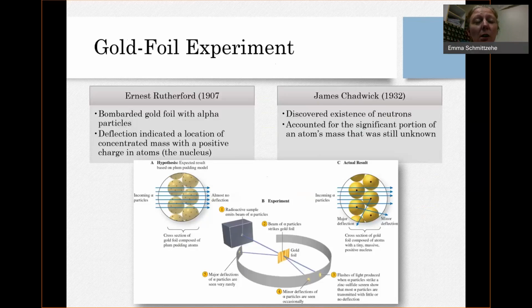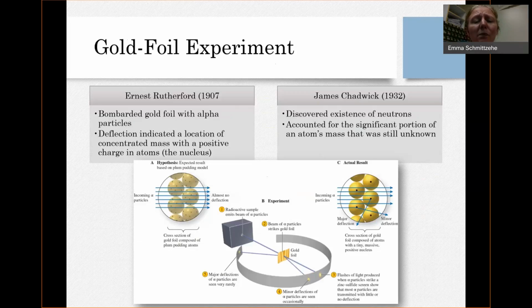But the deflection of a small number of them indicated that somewhere in those atoms was a very dense area of positive charge that was causing these very heavy positive alpha particles to get kicked back.